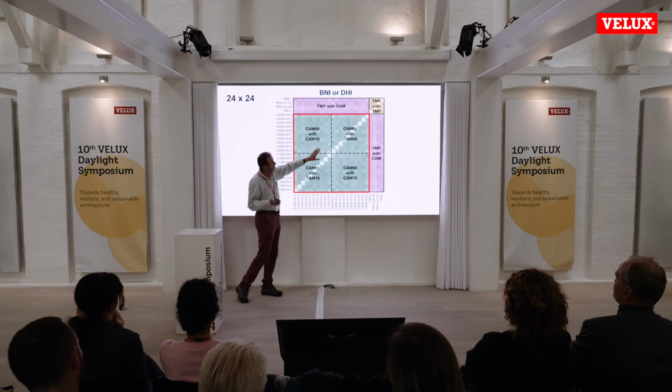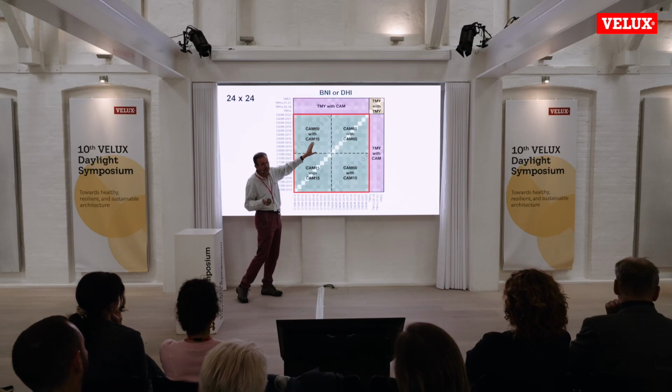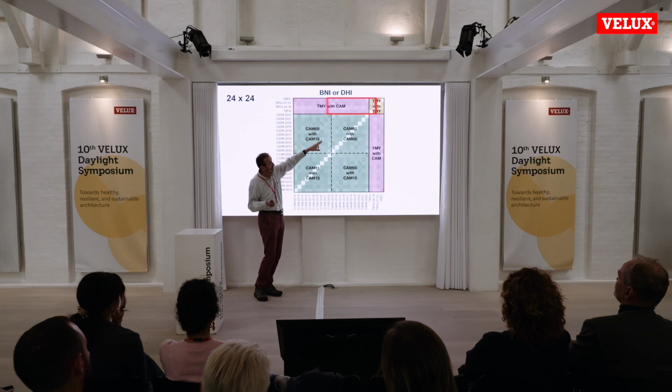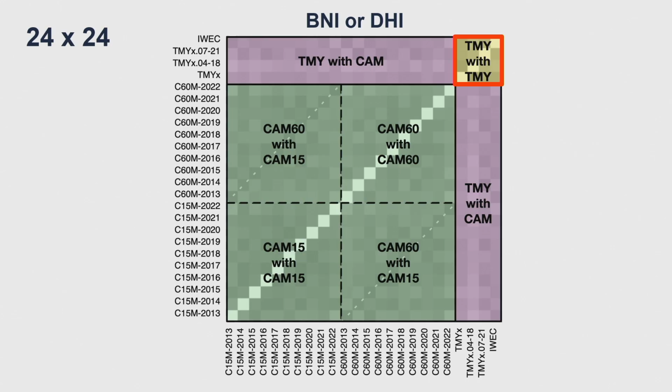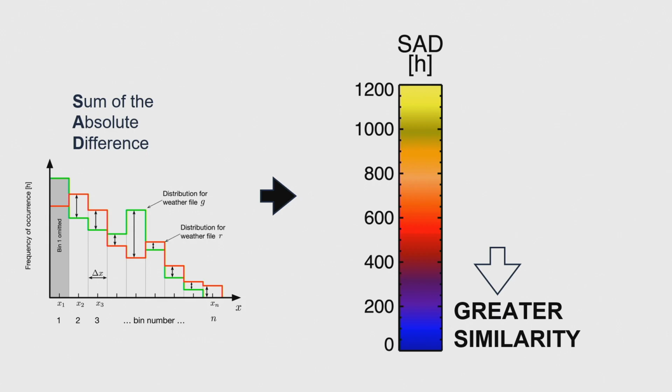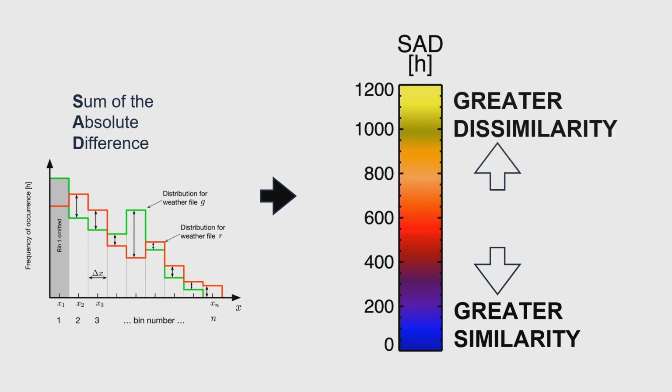We've got this one where you're just comparing CAMS with CAMS. Here, TMY with CAMS, and mirrored up there. TMY with TMY. And put that difference into a color. Blues and reds, greater similarity. Oranges, yellows, greater dissimilarity.